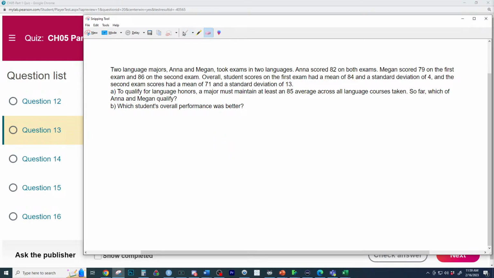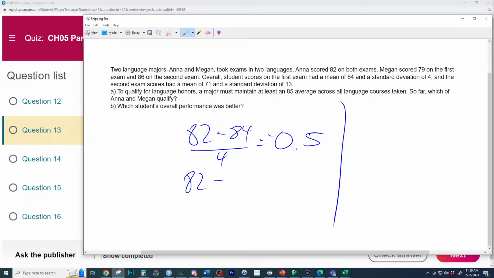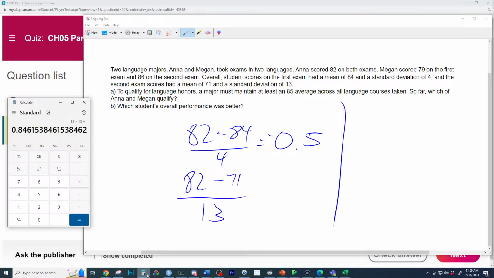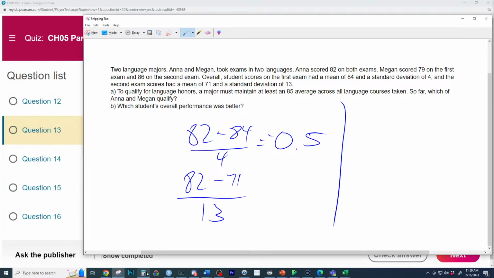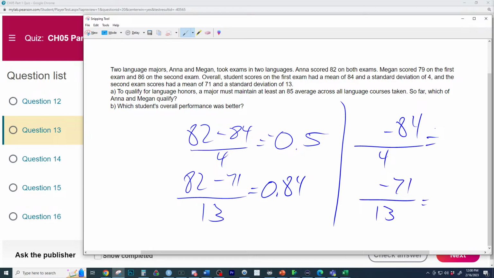82. That's about right. Oh, she's 82 on both. And that's the first. She's above average there. And Megan scores 79, 86.